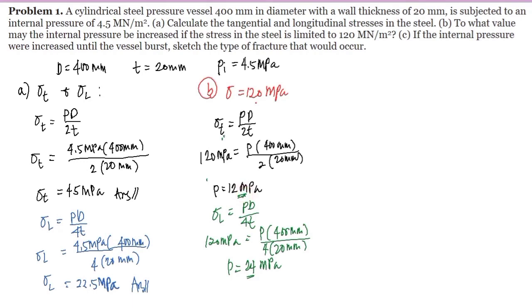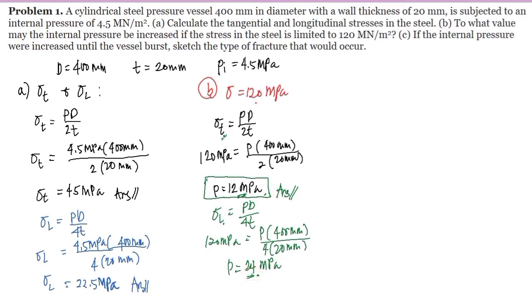So therefore, this P here is the maximum internal pressure, and this is our answer. Kasi kapag nag-exceed man siya ng 12 megapascal up to 24 megapascal, kakayanin pa rin siya ng longitudinal stress pero mag-fail na siya sa tangential stress. So with this, the tangential stress is critical compared to the longitudinal stress.